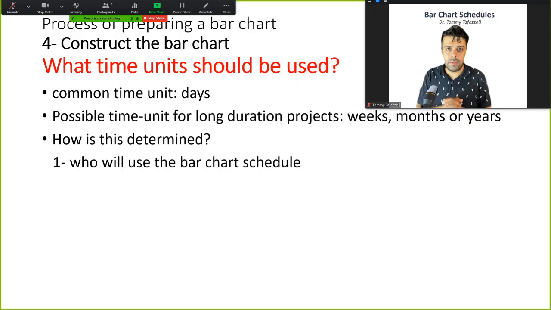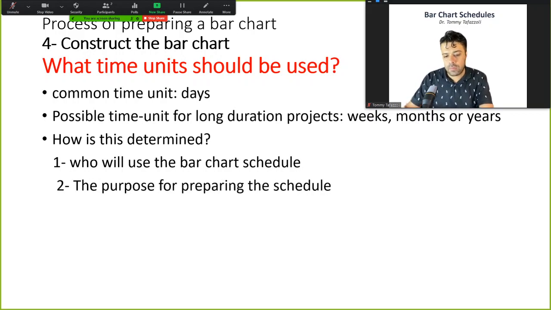So the amount of detail will depend on who you are preparing the schedule for, and the purpose, right? How much detail are you trying to show by your bar chart?